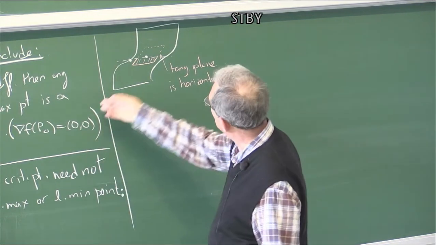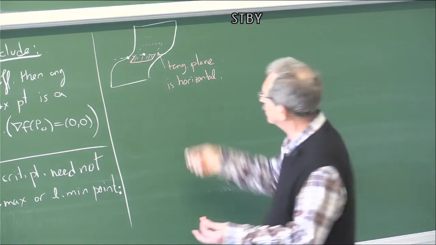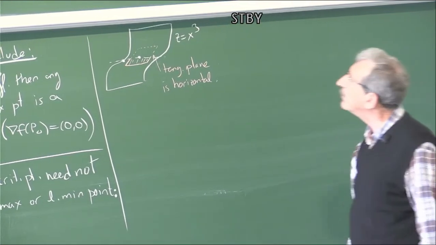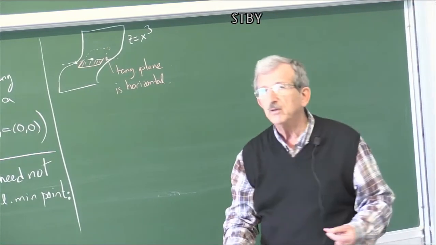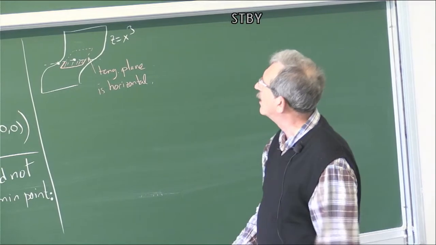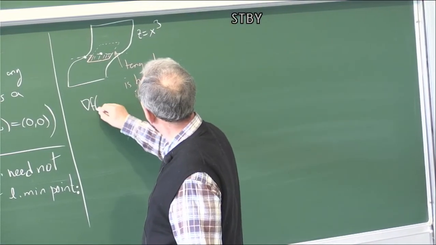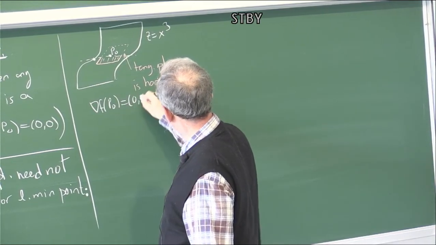This is a z equals x cubed curve, a polynomial, so it is differentiable. Because it's horizontal, the gradient of f at this P0 is (0, 0).